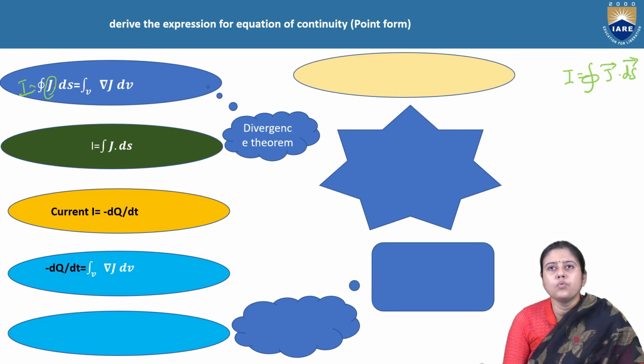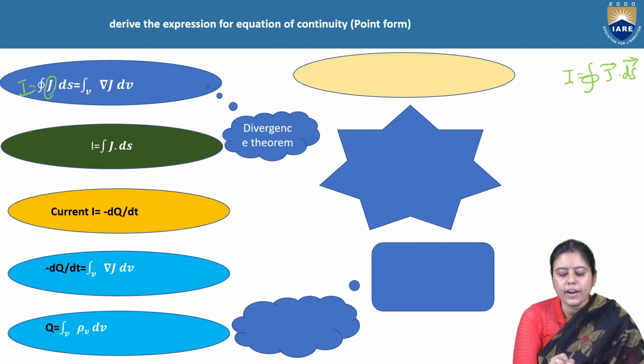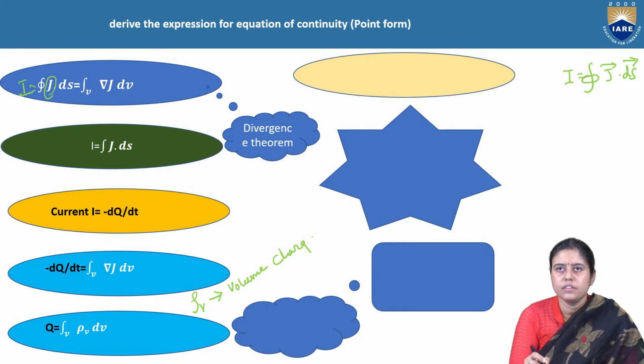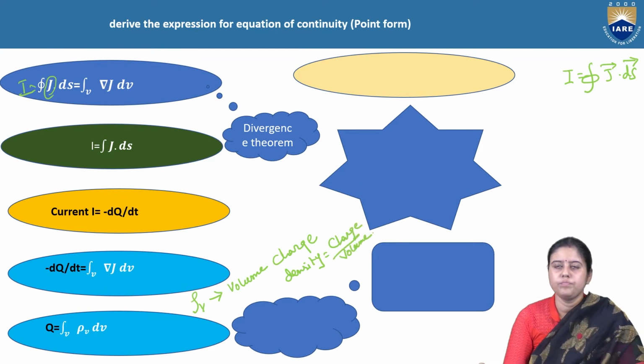Now what is q? Q is equal to the volume integration of rho v dv. What is rho v? Already I have discussed, rho v is nothing but the volume charge density, meaning charge per unit volume.